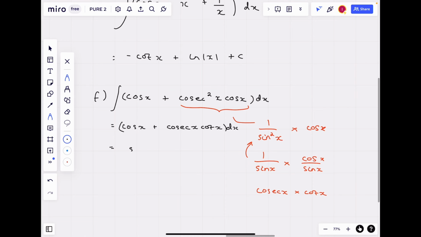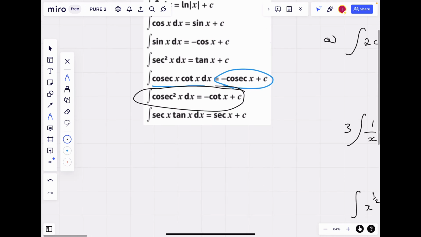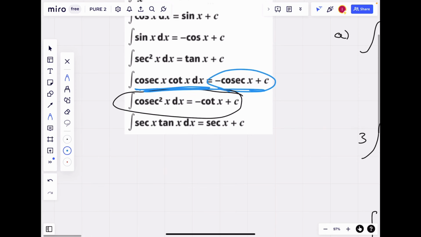Integrating cos gives sine. Integrating cot cosec gives minus cosec plus c. That's making use of that blue rule here. Okay?